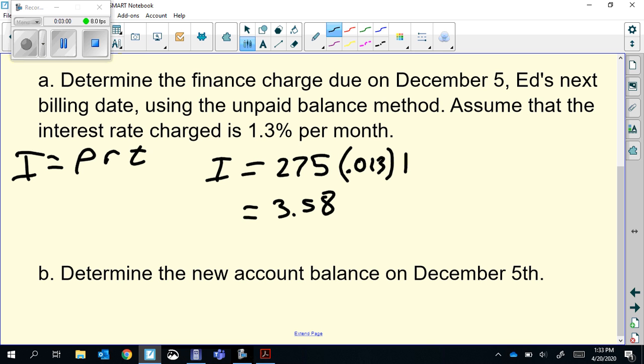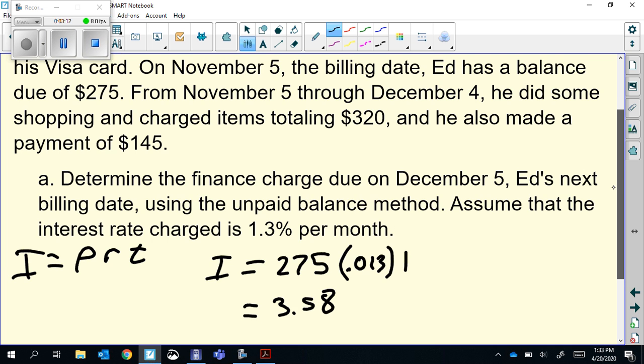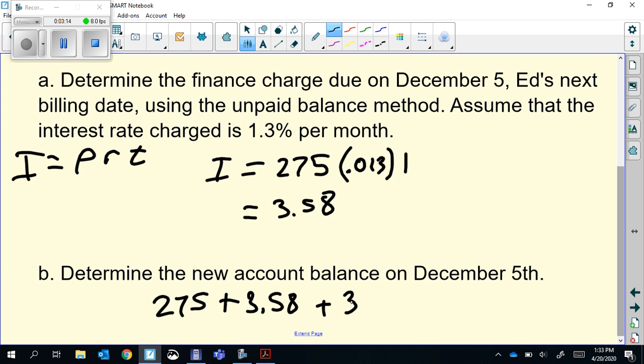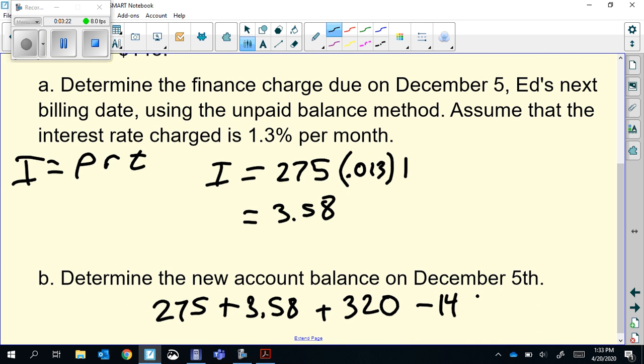So to determine the account balance, well, we know he had $275 plus the $3.58 in interest plus the $320 that he spent the next month, and then minus the payment that he made of $145.